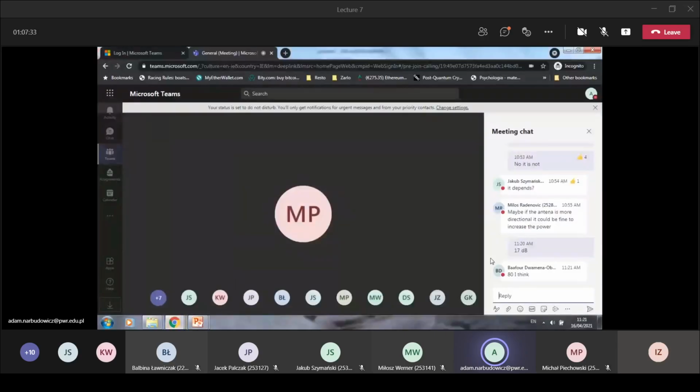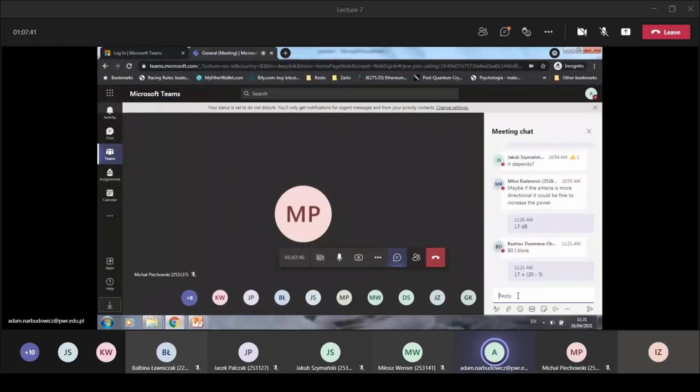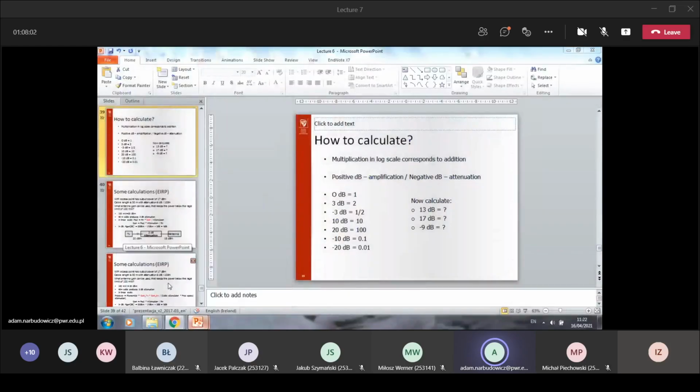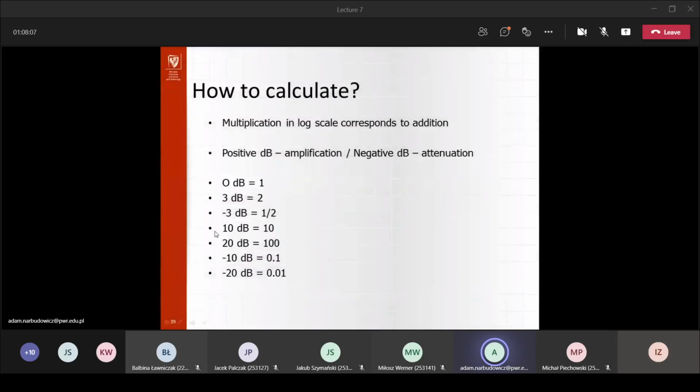All right, so just as a hint, hopefully this helps. Right, so again, if you have 17 dB, you can break that down into 20 minus 3. And from the table, you should know what 20 decibels corresponds to.